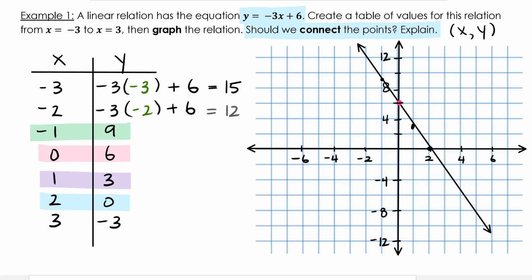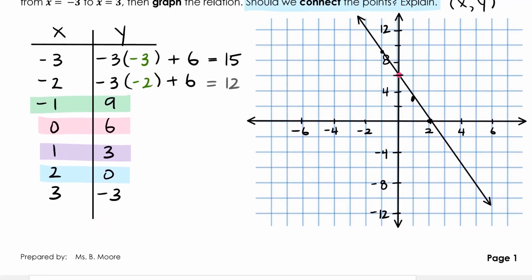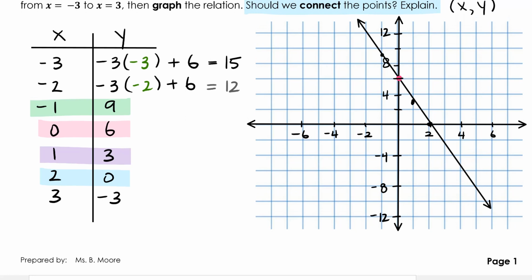Relations are always considered continuous, meaning that we do connect the points, unless the circumstances or the scenario from which the equation arises does not have in-between values. So down here I'm going to say this relation is continuous.